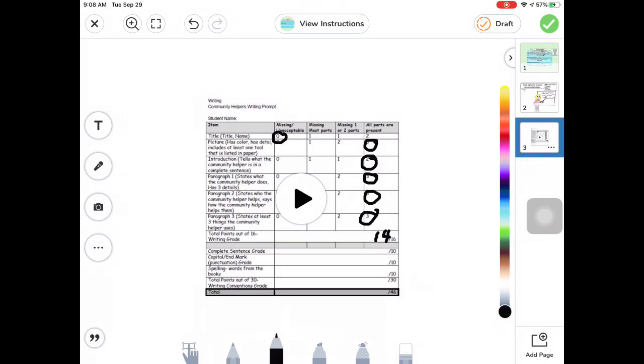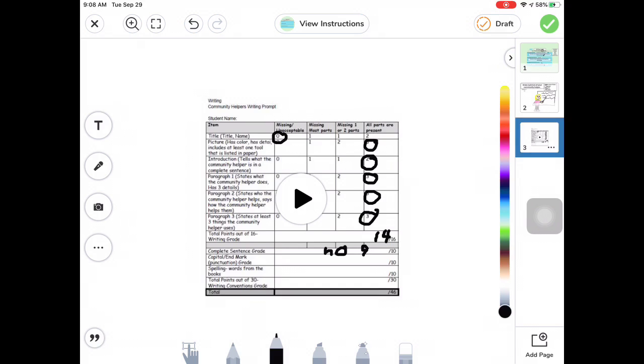So it says out of 10, I'm just going to write no, because I'm missing one thing, and maybe I'll just take 1 point away, so I'll just say 9. Okay.